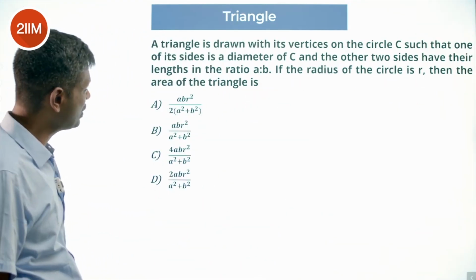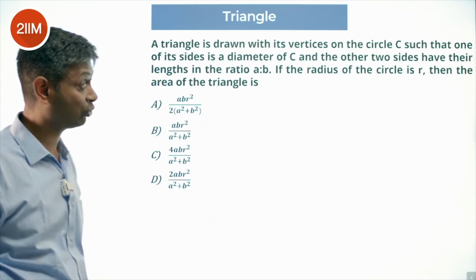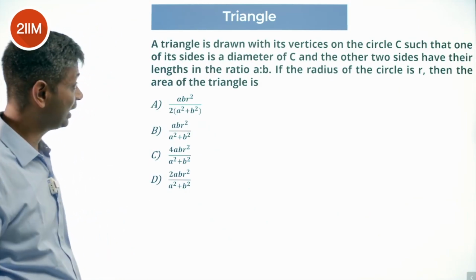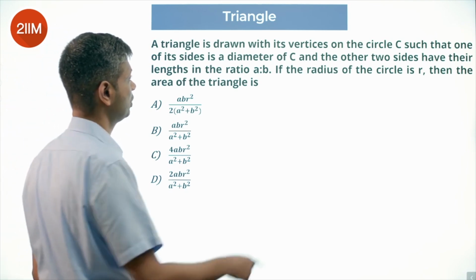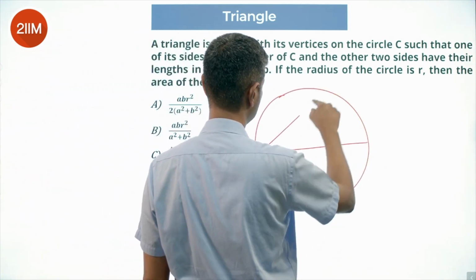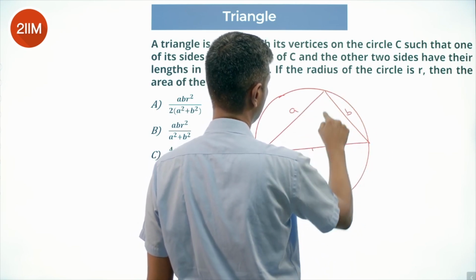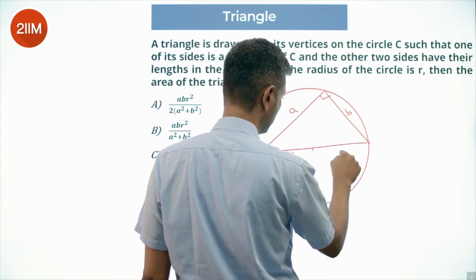A triangle is drawn with its vertices on the circle C such that one of its sides is a diameter of C and the other two sides have their lengths in the ratio a is to b. Circle C, diameter like this, radius, radius.